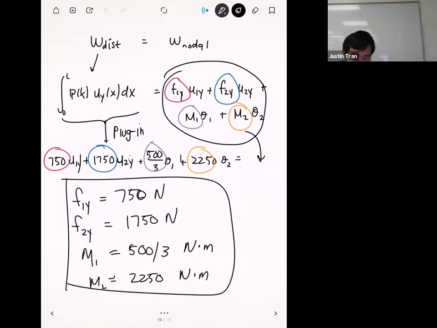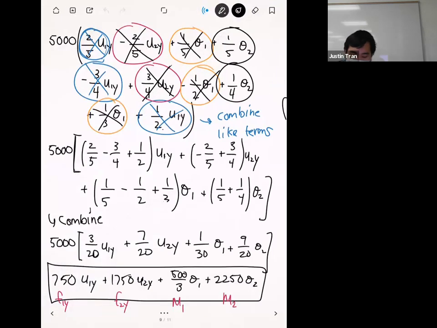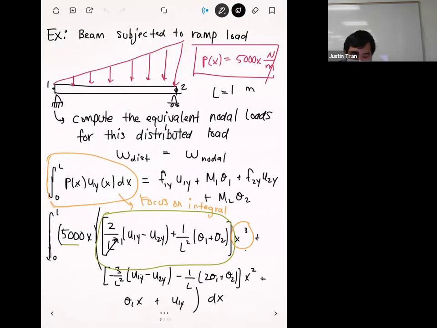But that's a good observation, because of the boundary conditions here, U1y and U2y should be 0, and so that should knock out everything. The only reason I put the pins there is because I'm treating this as a standalone beam. In the homework, I give you a beam segment that's not supported, so you would do this first and then apply the boundary conditions when you do direct stiffness.